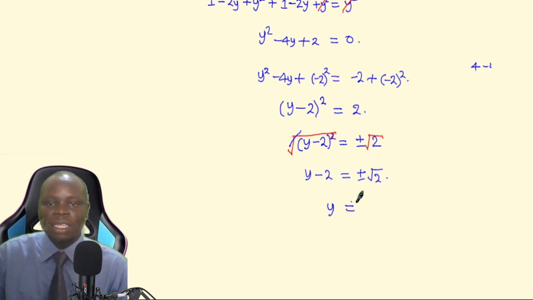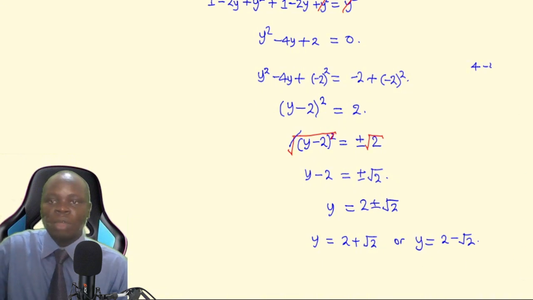We're just adding 2 on both sides, and we have here 2 plus or minus root 2. So either one of these values would be y equals 2 plus root 2, considering the upper sign positive, or the other would be y equals 2 minus root 2, considering the lower sign.